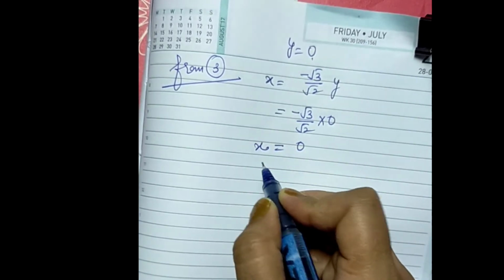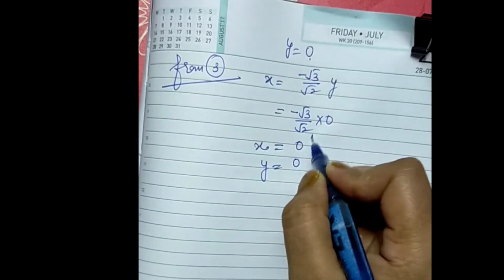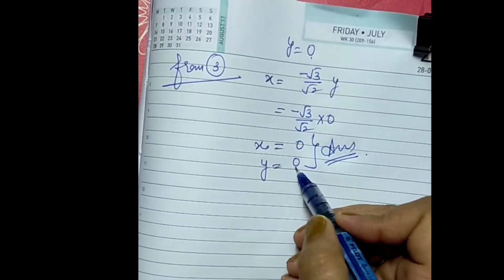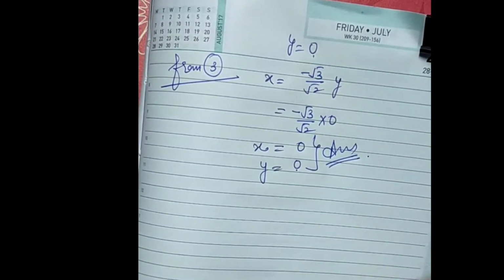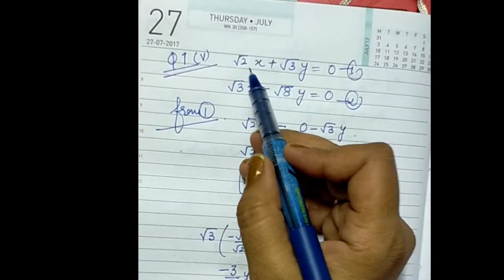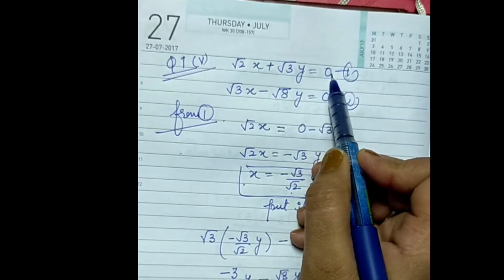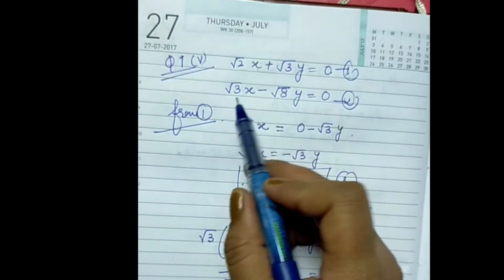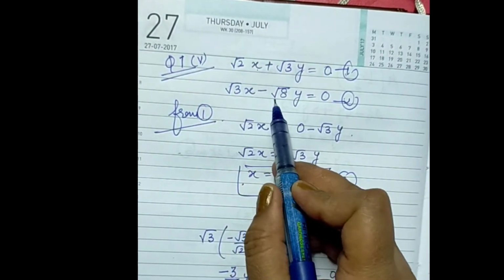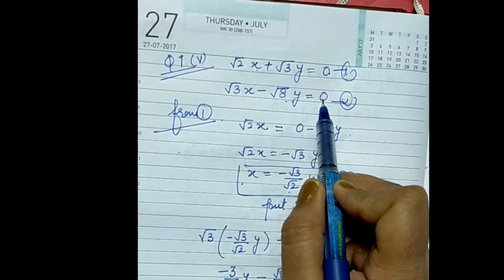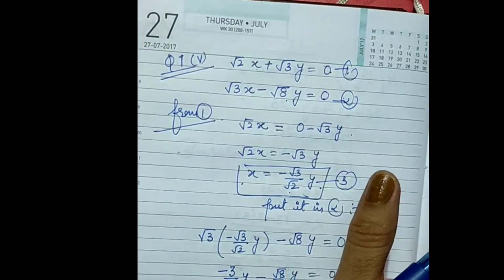So we got the value for x as 0 and y as 0 as well. And if I substitute these two values in the first and second equation, what will we get? Root 2 into 0 plus root 3 into 0 is equal to 0. So this is how we can check. Here also root 3 into 0 minus root 8 into 0, 0 minus 0 is again 0. So this is how we can check our answer as well.